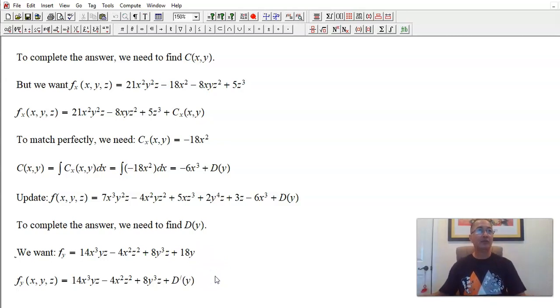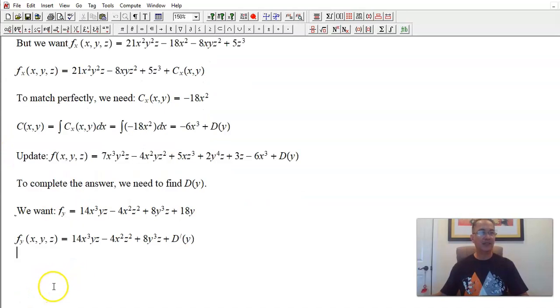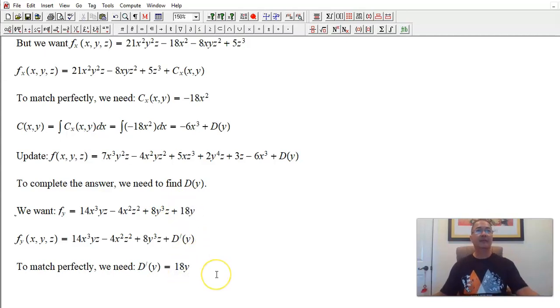So to match perfectly, we want d prime of y to be equal to 18y.